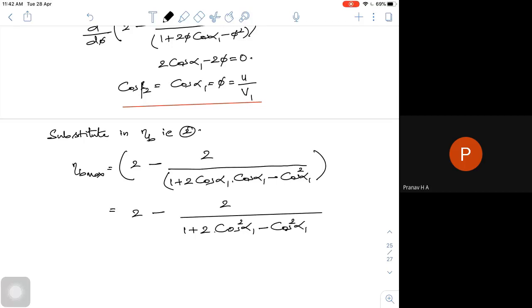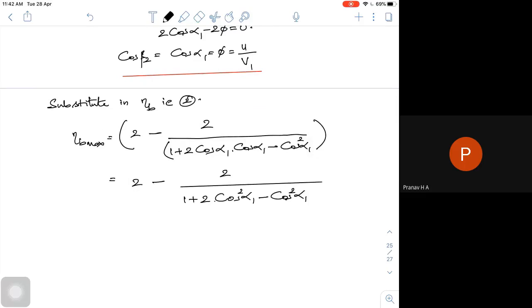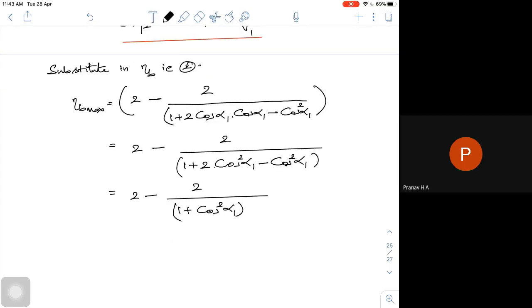If I take the difference of 2 cos square alpha 1 minus 1 cos square alpha 1, I am left with 2 minus 2 divided by 1 plus cos square alpha 1.